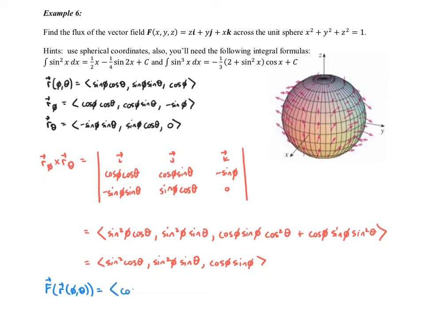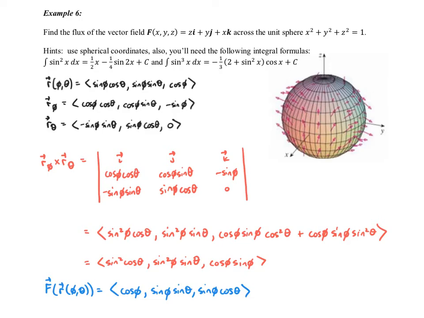Then we take our next component, which is y, and put in sine of phi, sine of theta. And then our last one is x, which is sine of phi, cosine theta. So again, that's our vector F now written in terms of vector r.